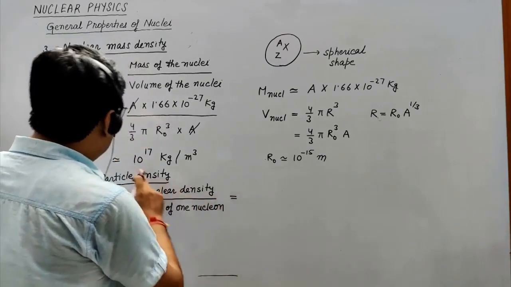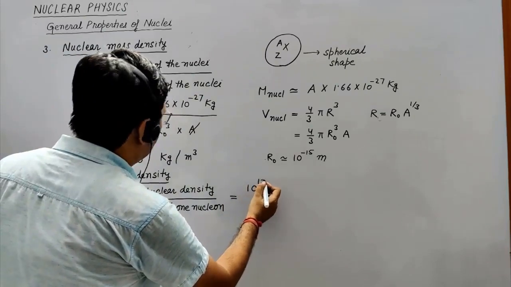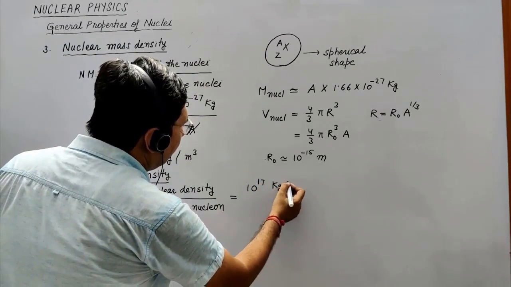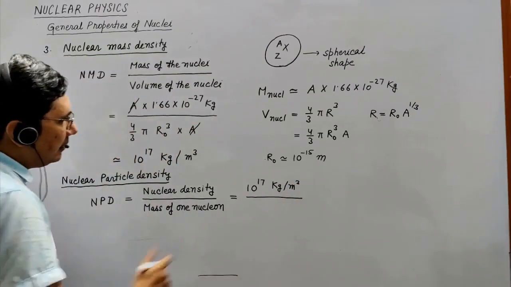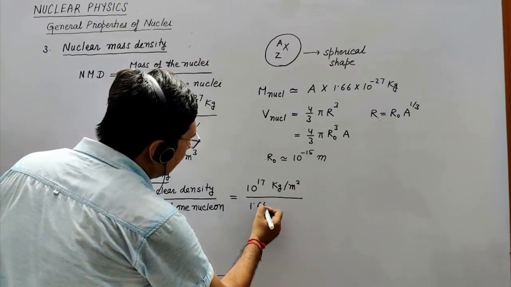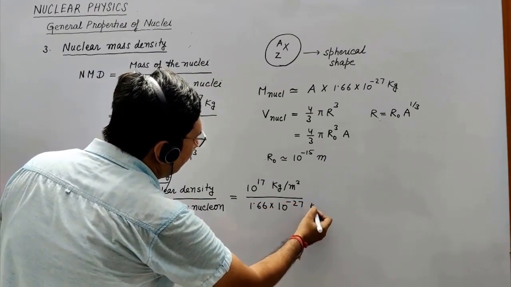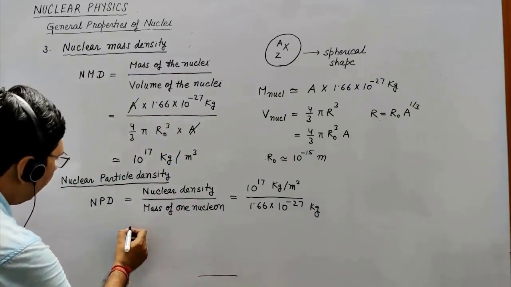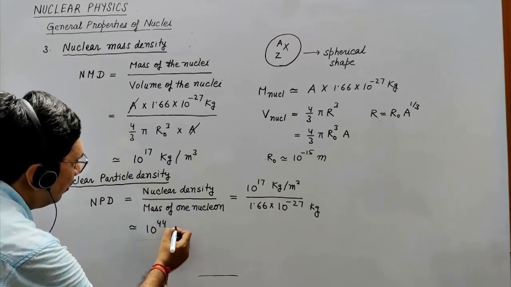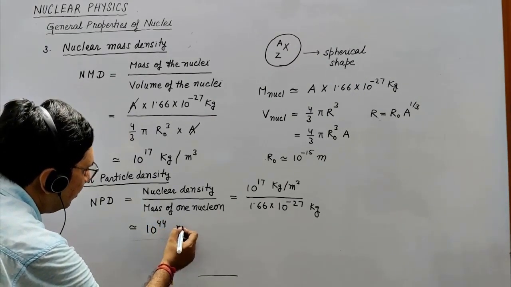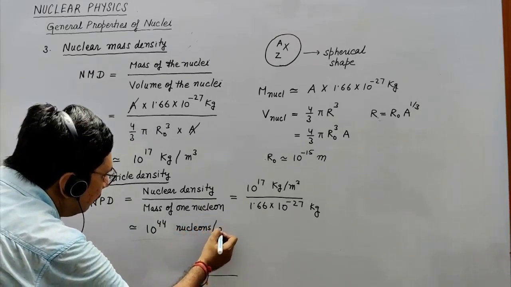So this will be equal to the nuclear mass density, that is 10 to the power 17 kilogram per meter cube, divided by the mass of one nucleon, which is 1.66 into 10 to the power minus 27 kilogram. This comes out to be 10 to the power 44 nucleons per meter cube.